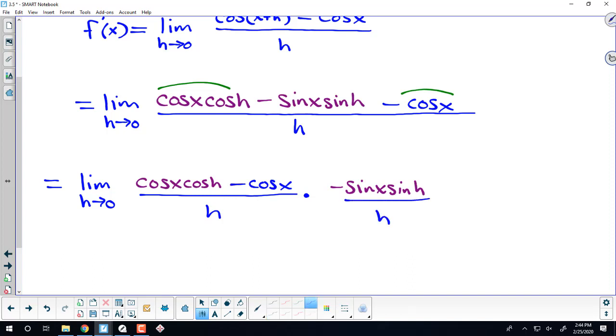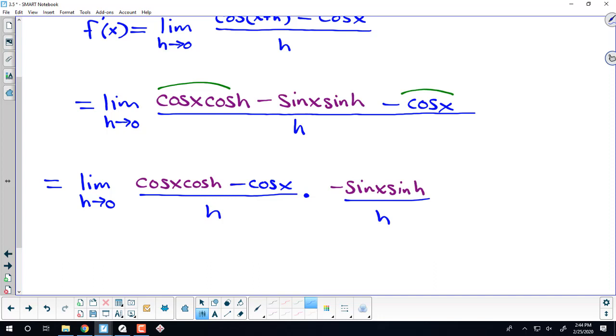Because these things are separated with addition and subtraction, all three of those things up top are really divided by that h. So we're just going to split them up so that we have our cosines over h and our sines over h. Is everyone okay with that step?